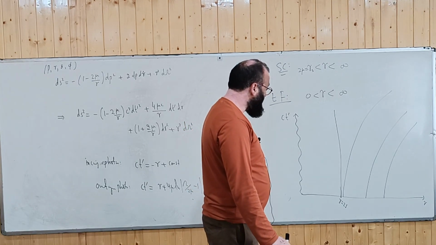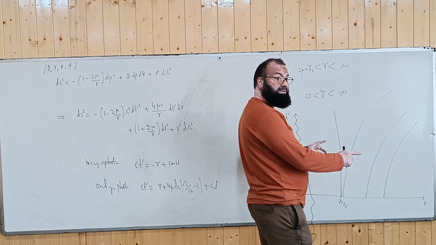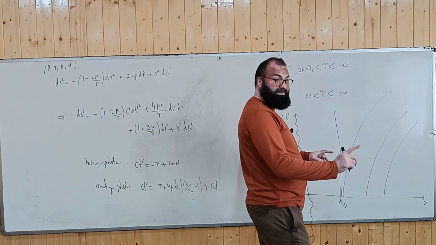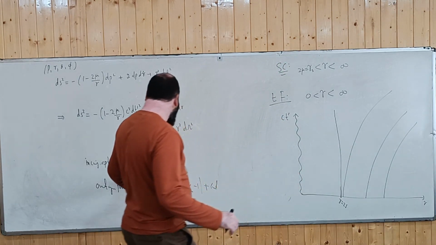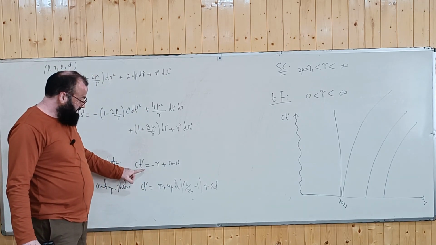Clear? Okay. Now tell me how I will draw the ingoing photon lines. P equal to constant lines are the incoming lines. Now look here. What is the slope? Look at this equation.